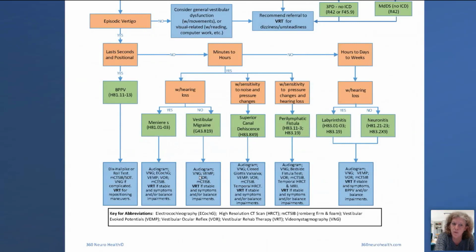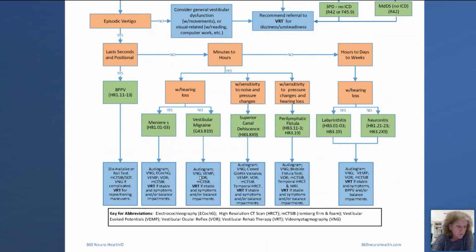We can get clues from serial testing of audiograms associated with their spells. V&G can be very helpful. For Meniere's disease, ECOG is helpful in identifying fluid problems of the inner ear. Again, we go back where we also want to be testing balance.